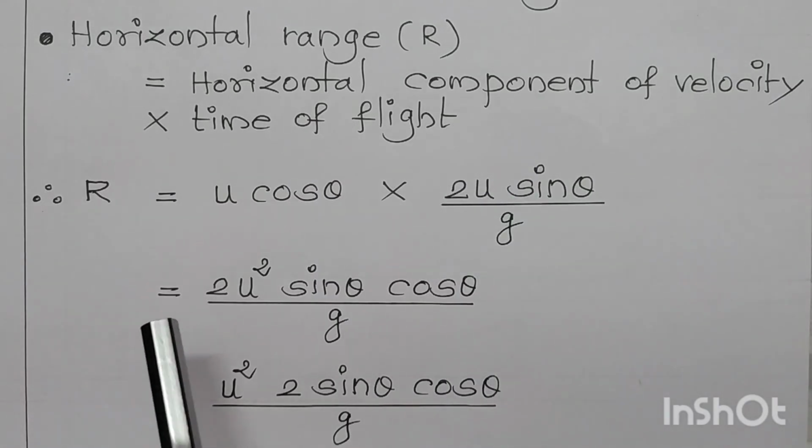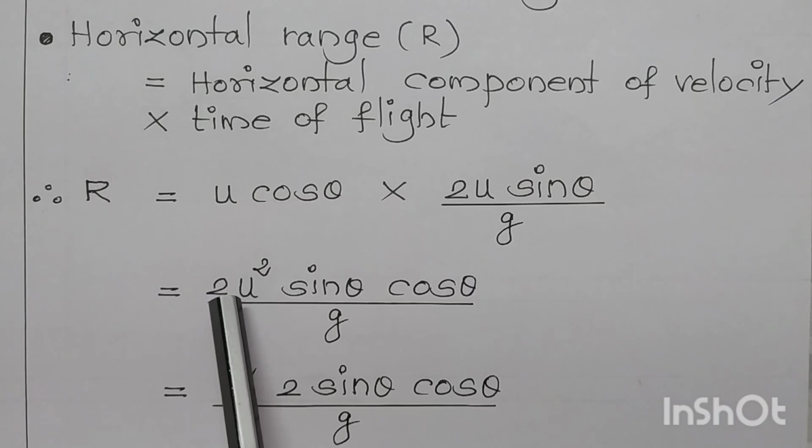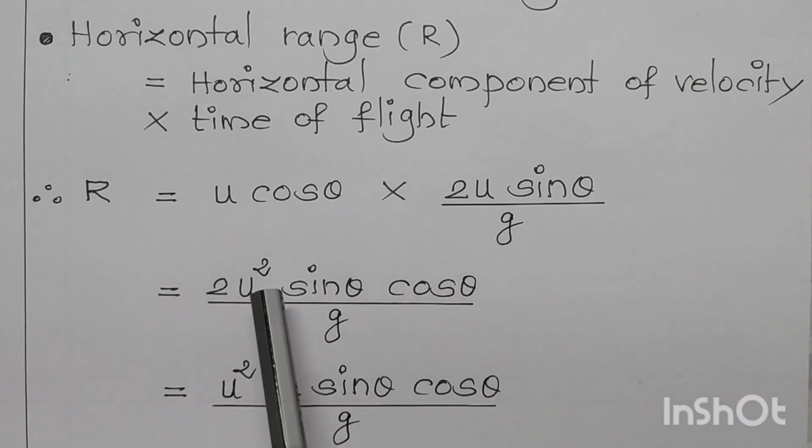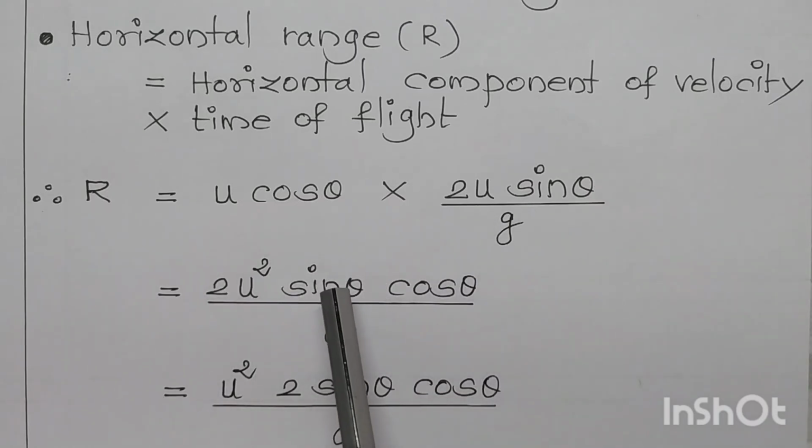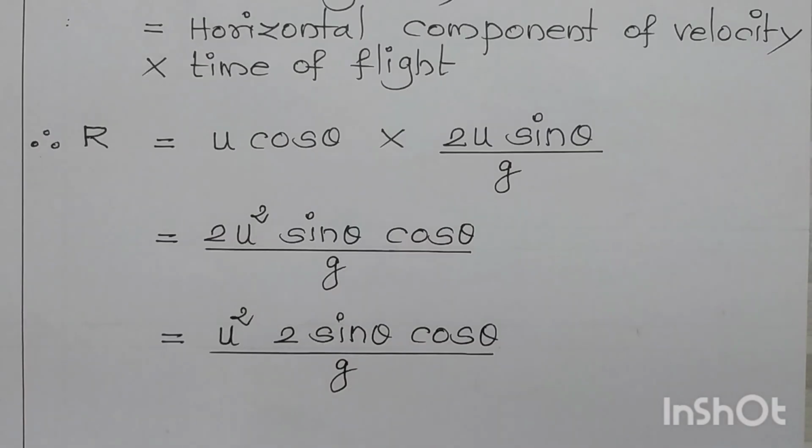Now in the next step, let us write the 2 in the beginning, then u into u squared, then sin theta, then cos theta by g. In the next step, let us write it this way: first u squared, then 2 sin theta cos theta by g.